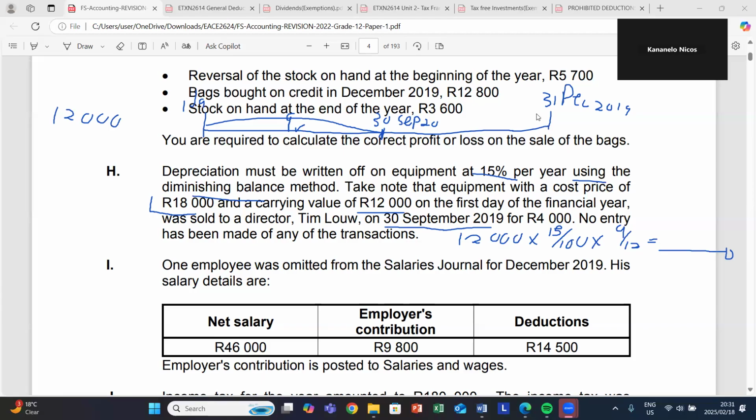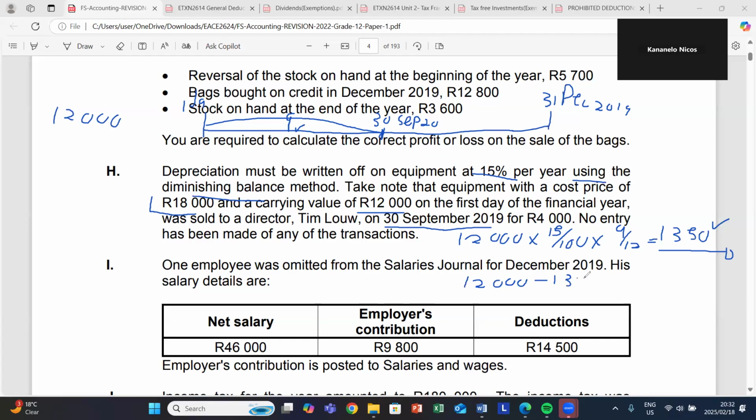1,350. Therefore, 1,350 will be our depreciation for the current financial year. Therefore, for us to get our carrying value, we'll say 12,000 minus 1,350. Carrying value at the beginning, which amounted to 12,000, minus 1,350.